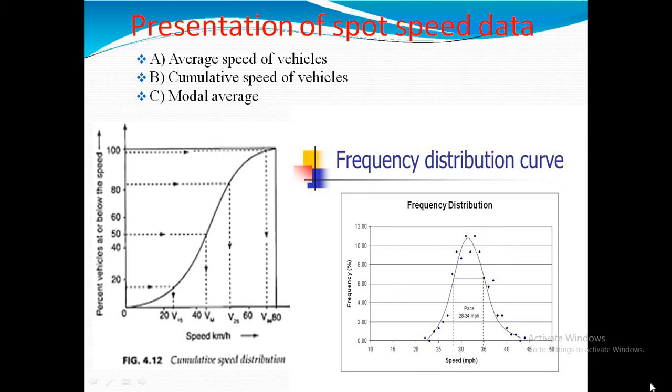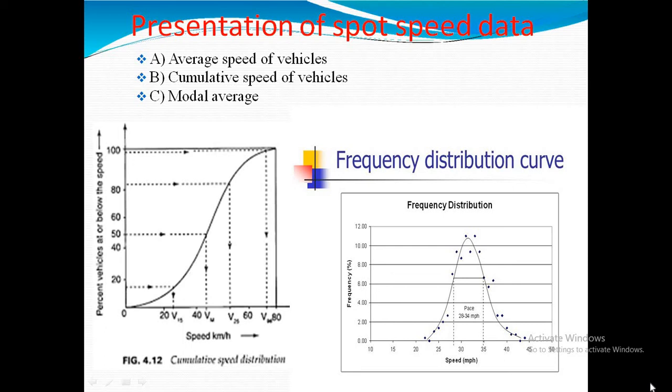And another one is the modal averages. A frequency distribution curve of spot speed is plotted with the speed of the vehicle: speed on the x-axis as well as frequency on the y-axis. This graph is called the speed distribution curve.